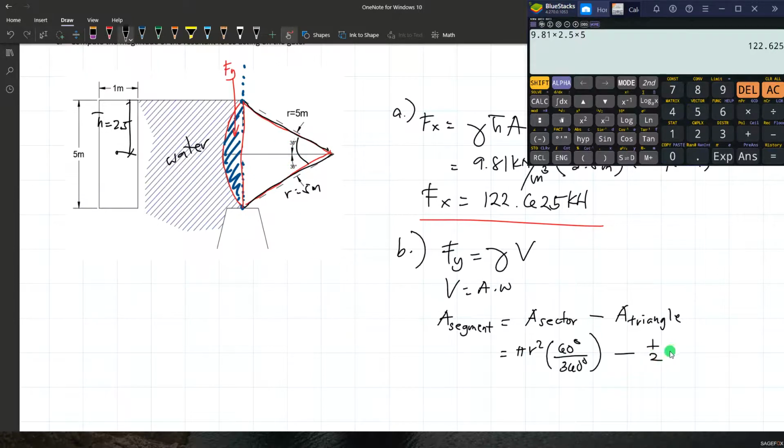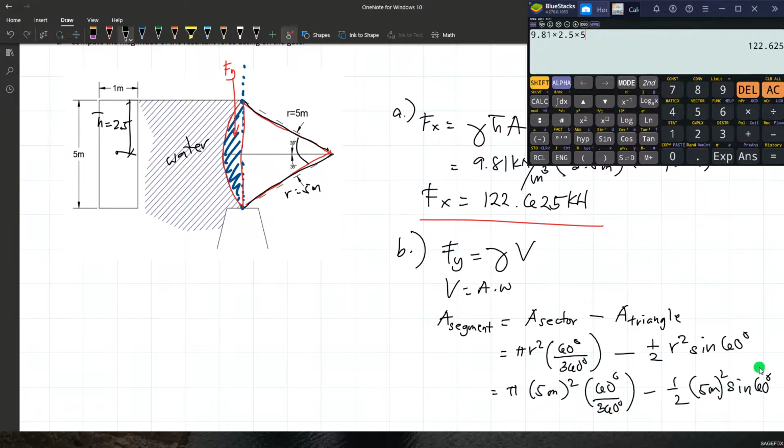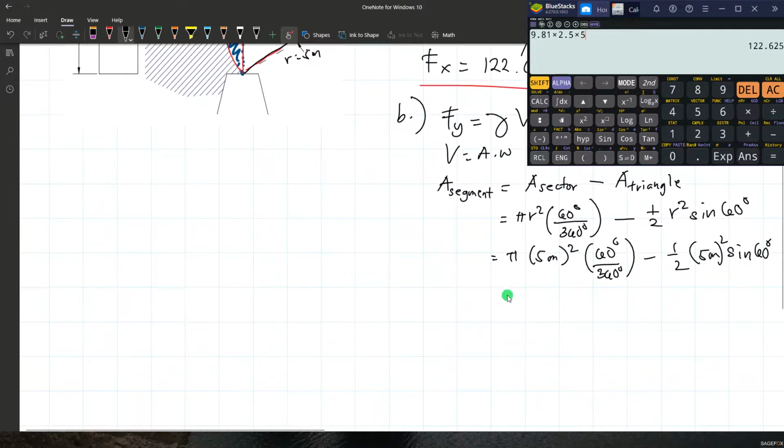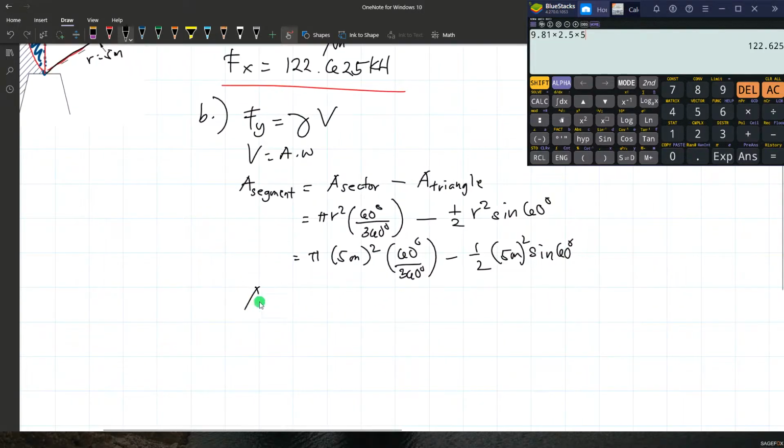We can apply 1/2 ab sine theta, or 1/2 r squared sine theta, where theta is the included angle, 60 degrees. So substitute r: 5 meters squared times 60 over 360 degrees minus 1/2 times 5 meters squared times sine 60 degrees. Okay, so we can solve that.